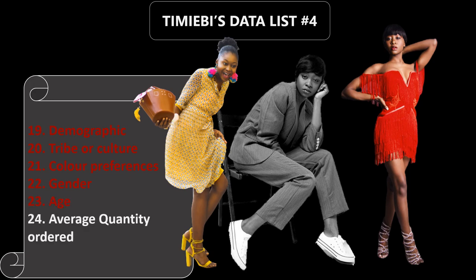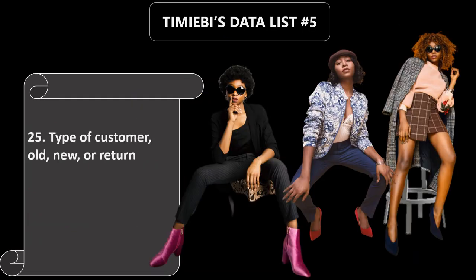Average quantity ordered. You want to understand the behavior of the customer and see if there is a pattern. So number 25, we have type of customer. Are they old customers? Are they new customers? Are they returning customers?